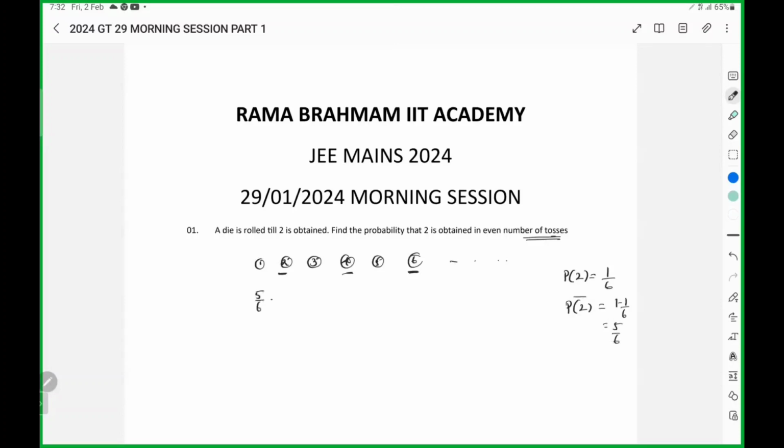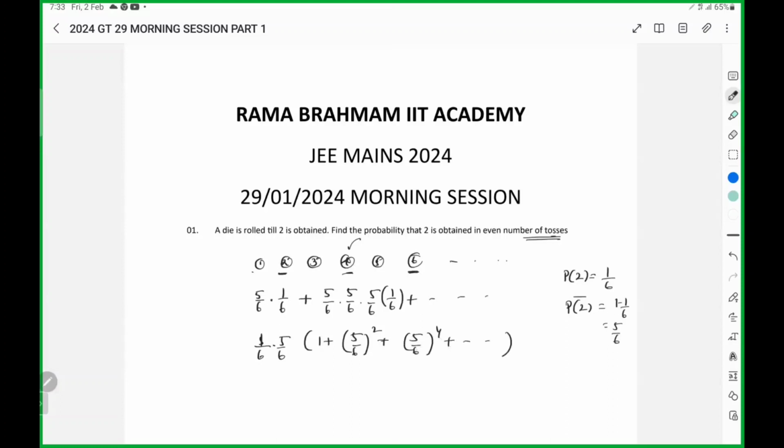Getting 2 in the second attempt is this. Fourth attempt means not getting 2 in the first 3 attempts, getting 2 in the fourth attempt. 5 by 6, if you take 1 plus 5 by 6 whole square, 5 by 6 whole power 4.